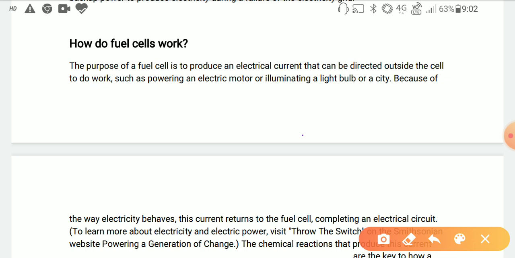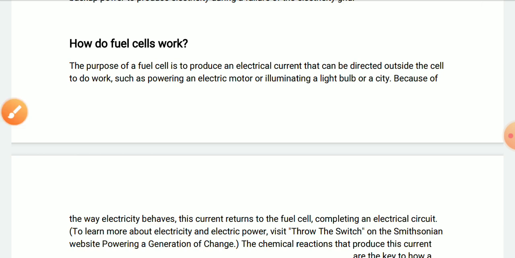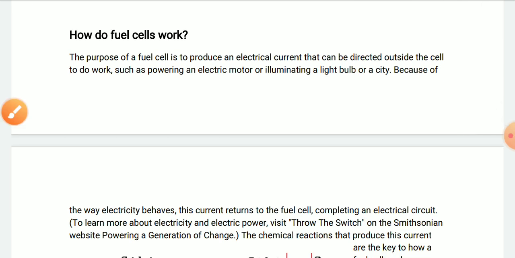The purpose of the fuel cell is to produce an electrical current that can be directed outside the cell to do work, such as powering an electric motor or illuminating a light bulb or city. Because of the way electricity behaves, this current returns to the fuel cell, completing an electrical circuit.